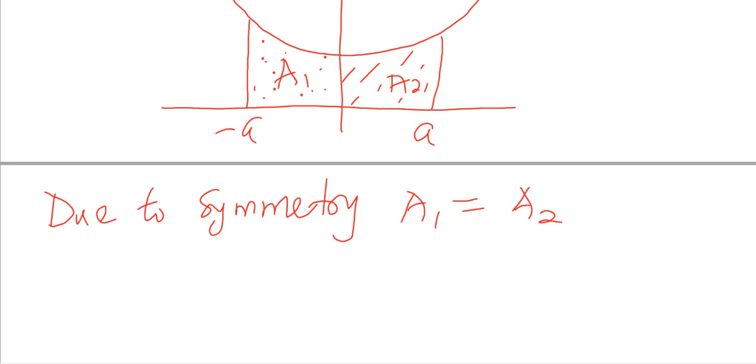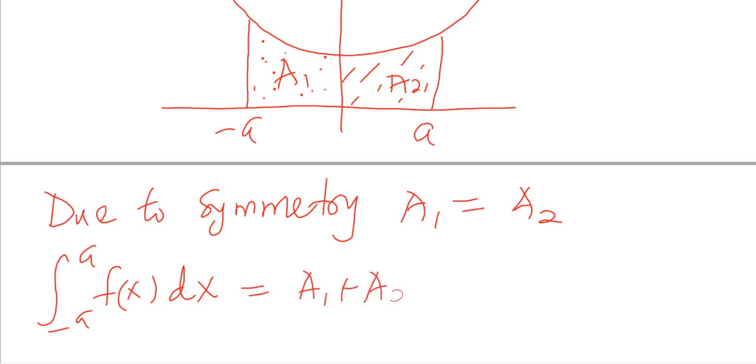So when we write the integral from minus a to positive a, f of x dx, we should be writing A1 plus A2, which is the same as 2A2. But what is A2? A2 is the integral from 0 to a.